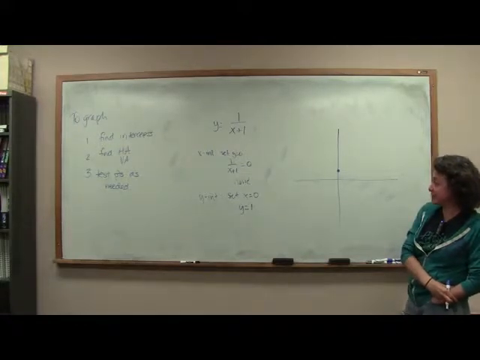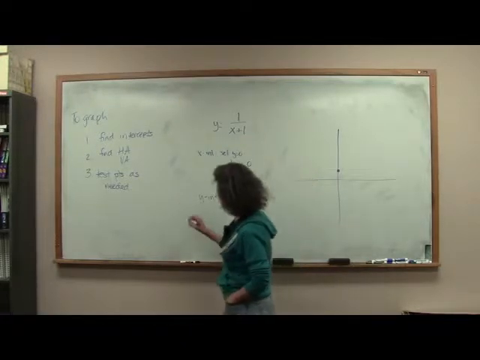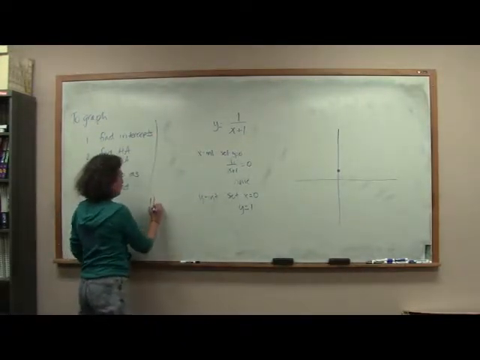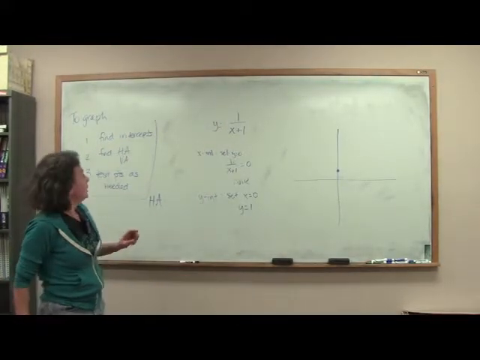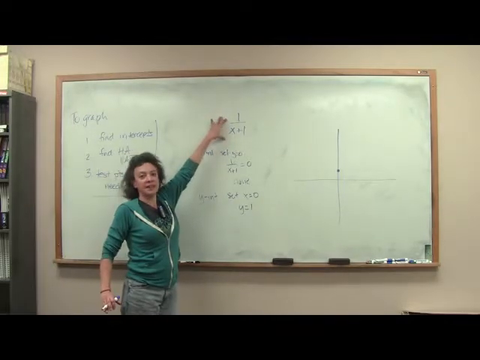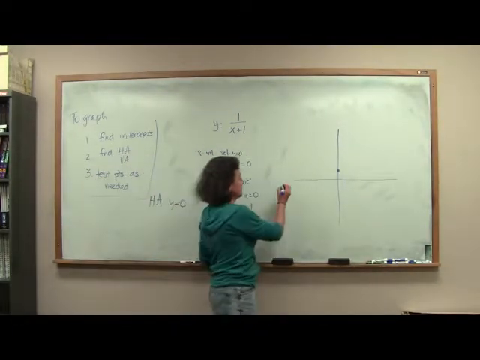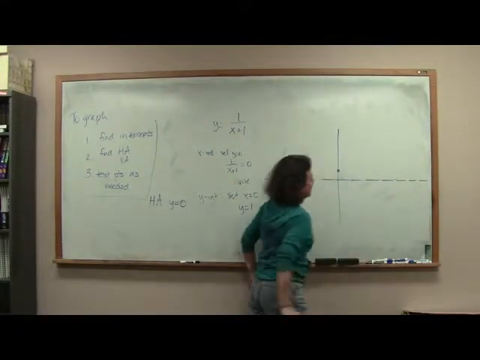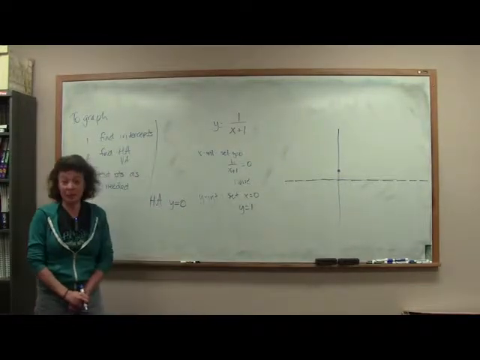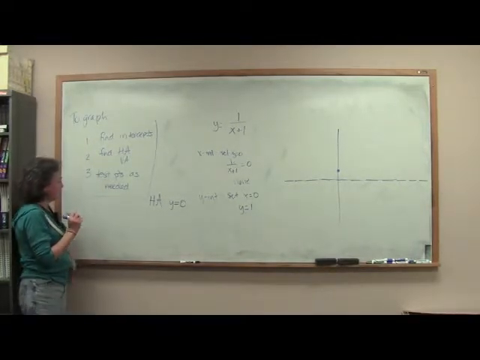All right, we got that done. Next, let's find our asymptotes. Our horizontal asymptote: remember, to find your horizontal asymptote, you have to consider the degrees. In this case, the degree of my numerator is less than the degree of my denominator. Therefore, y equals 0 is my horizontal asymptote. The way I indicate horizontal asymptotes is with a dashed line. That's also how I identify vertical asymptotes. Now, one quick comment I want to make.